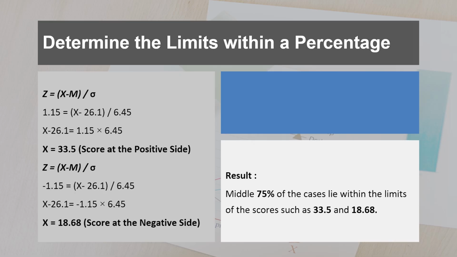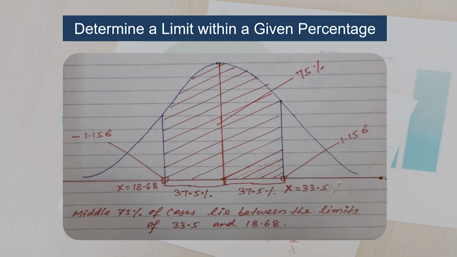So friends, here a percentage was given, then what you did, you first found the area of that percentage, the location of this percentage, by drawing a normal probability curve. Like here in this case, middle 75% of the cases means half of 75%, that is 37.50%, is at the positive side, and an equal percentage is also at the negative side.